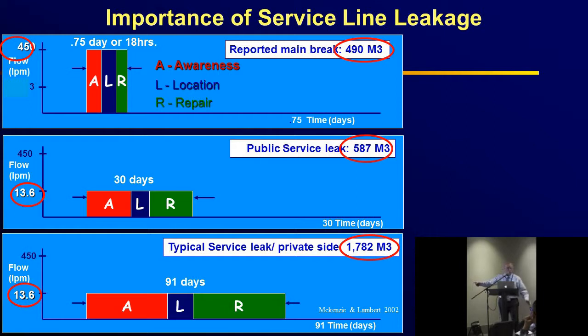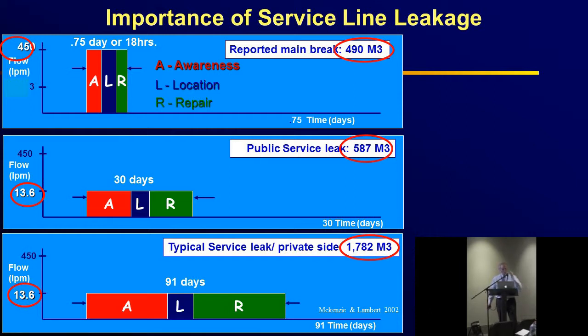The awareness time will be a lot longer, the locate time takes a little bit longer, and the repair time, because of the coordination with private owners or whatever, can be an extended period of time. In this case, I'm saying 91 days is pretty good in most utilities. The volume of water that's lost is 1,782 cubic meters for a service leak that has low priority in the utility.